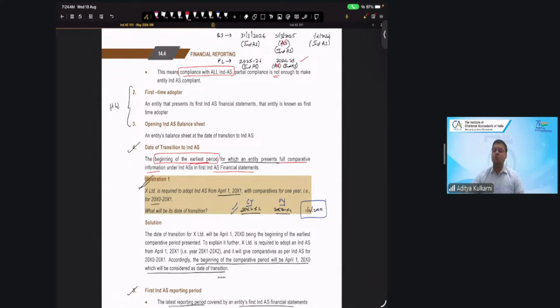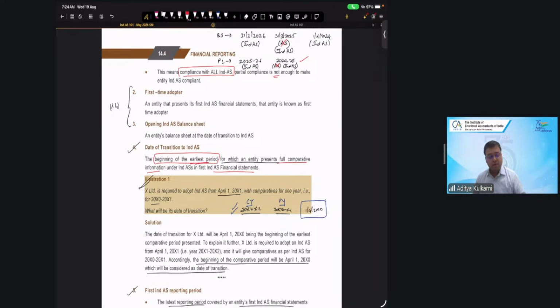Essentially, compliance with all of the accounting standards. Partial compliance is not acceptable for any Ind AS financial statements. In the first year you mention it; second year onwards there is no need to mention it because it's already required that you comply with Ind AS. So that is your first Ind AS financial statements.